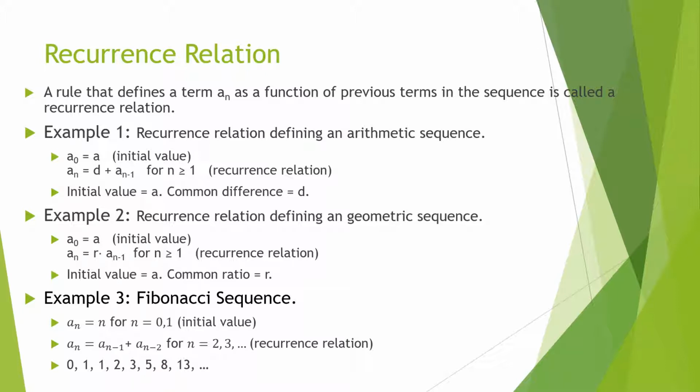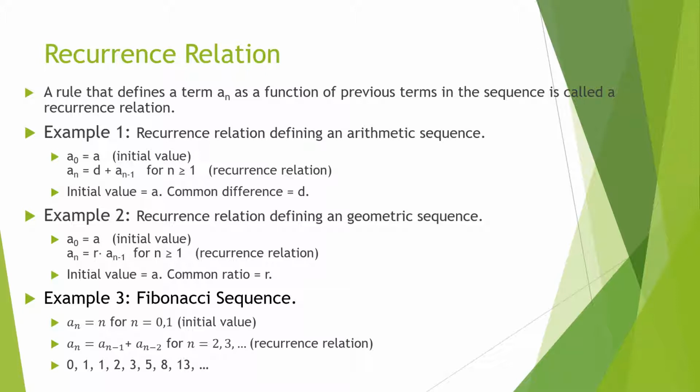This is a famous sequence, the Fibonacci sequence, that can be easily defined using a recurrence relation. If you want to know, you can represent the Fibonacci sequence with an explicit formula too, but that explicit formula is much more complicated than what you see here.